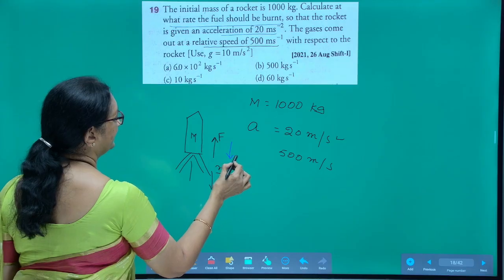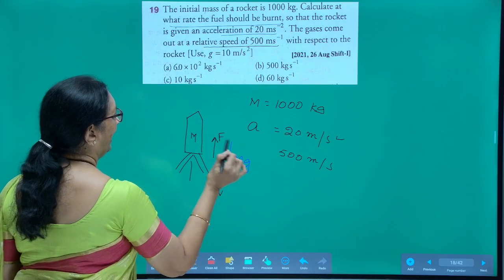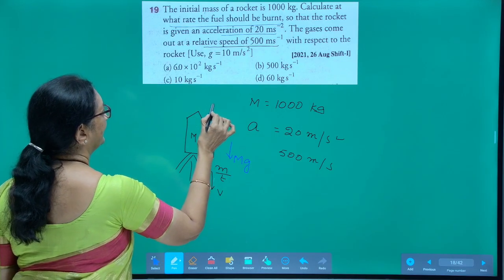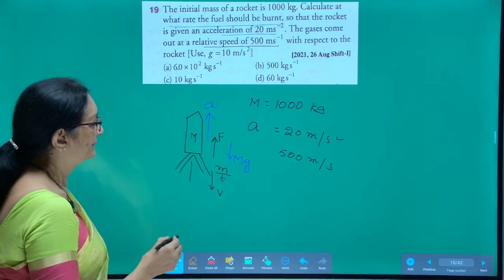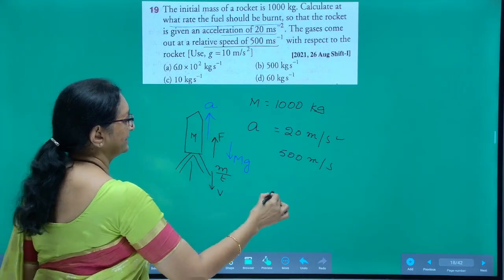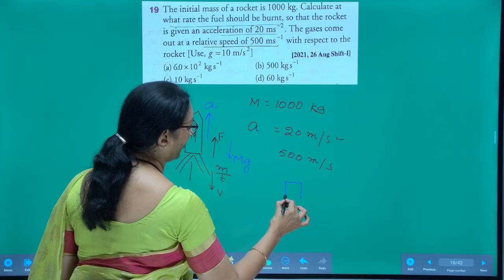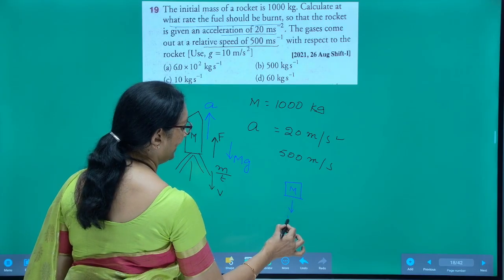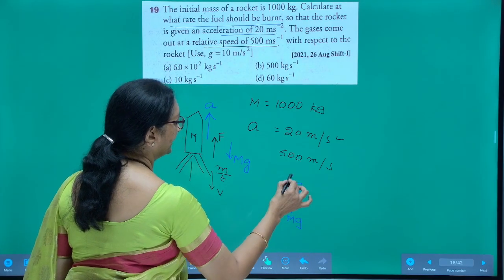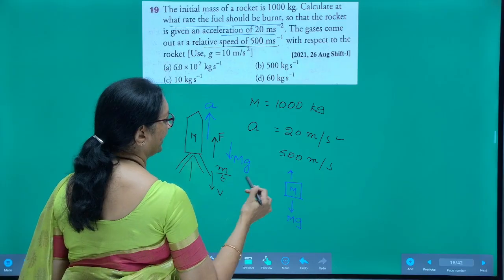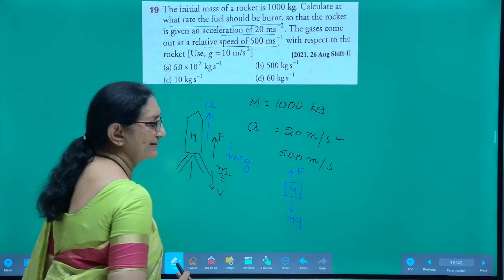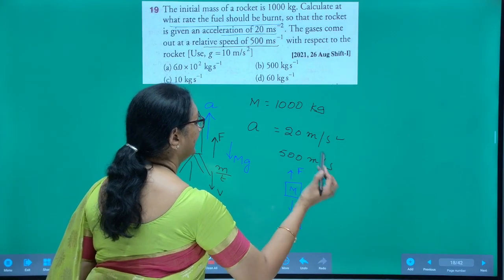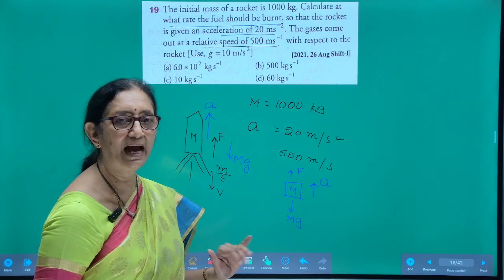That is weight mg, and ultimately the rocket is given an acceleration, so that is a. If you consider the free body diagram, let this be the rocket, its weight mg acts in the downward direction, force due to the ejection of hot gases acts in the upward direction. As a resultant, it has an acceleration a up.